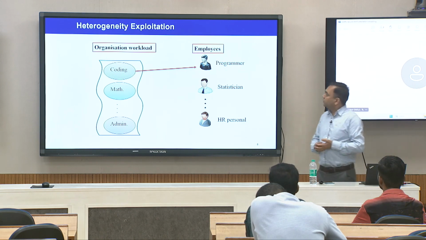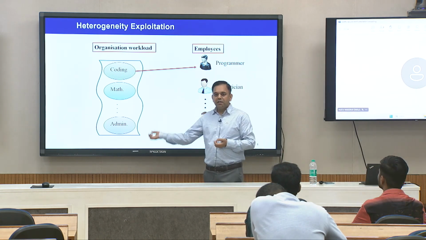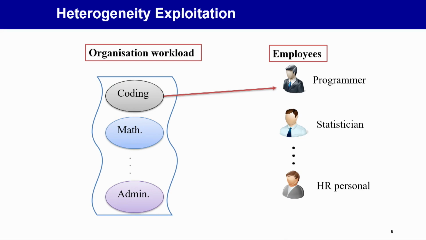So I think we already have discussed that if you have heterogeneous components in your processor, you can make use of them to save energy, but that is applicable everywhere. For example, let's consider the workload of an organization. It's like this whole IIT Guwahati is a processor, and the people working and doing anything are the workload. Some of you could be mathematicians, some computer scientists coding, and there are lots of admin people, security people, and all those.